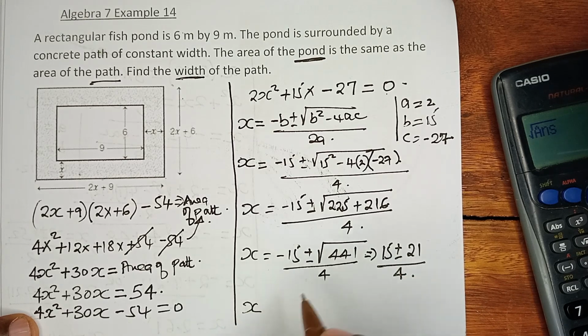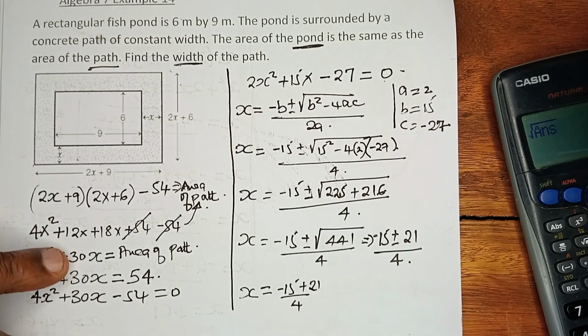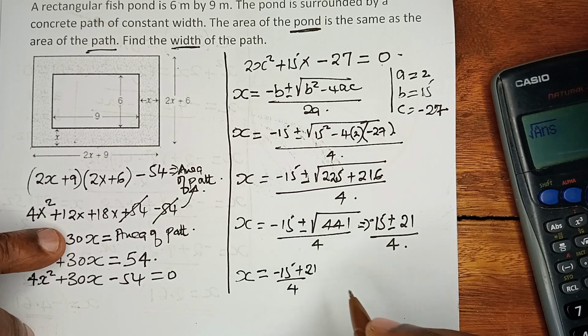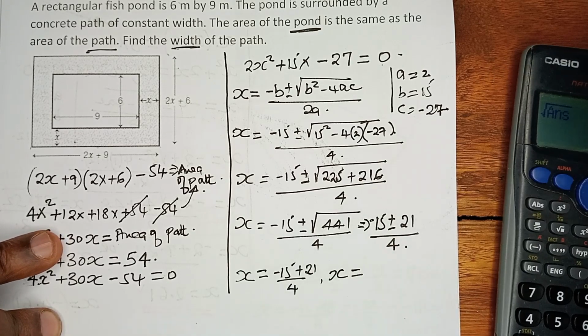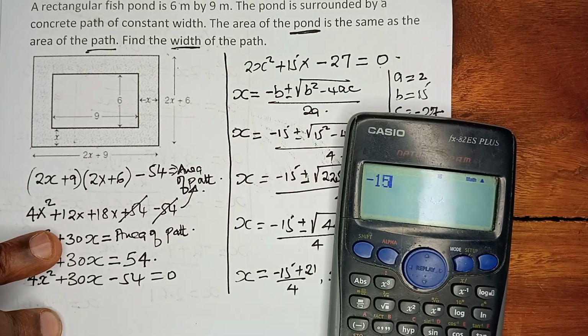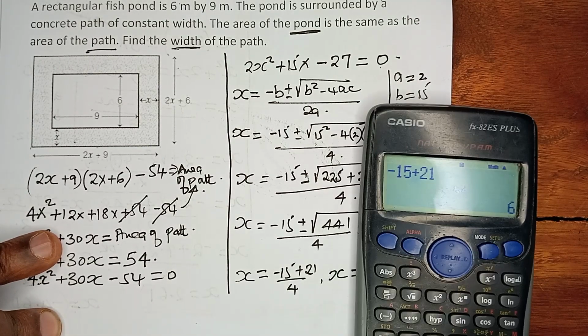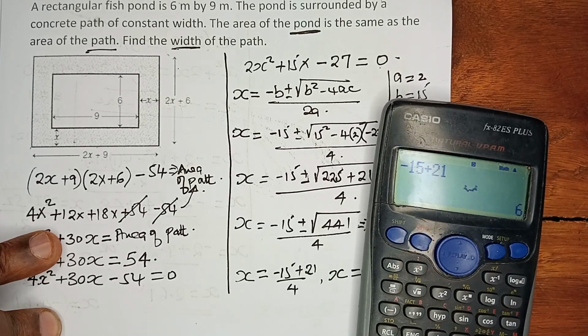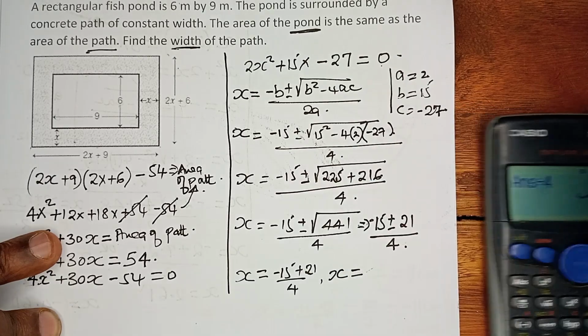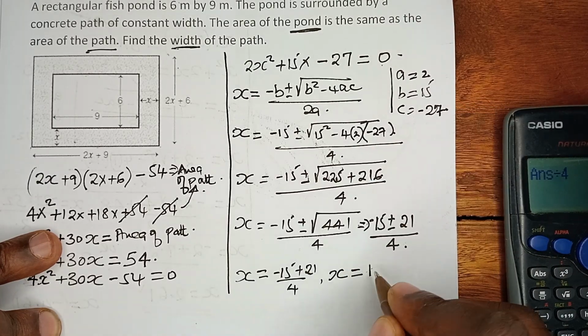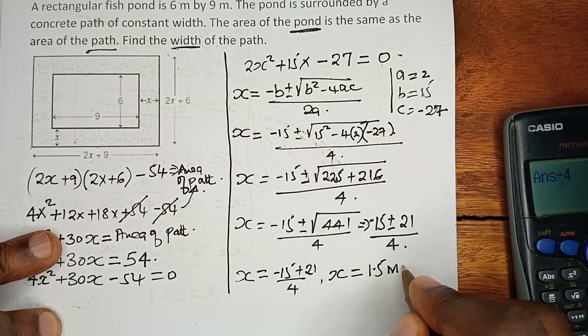X is equal to negative 15 plus 21 over 4. Negative 15 plus 21 is 6. When we divide by 4, it gives us 1.5. So x can be 1.5 meters.